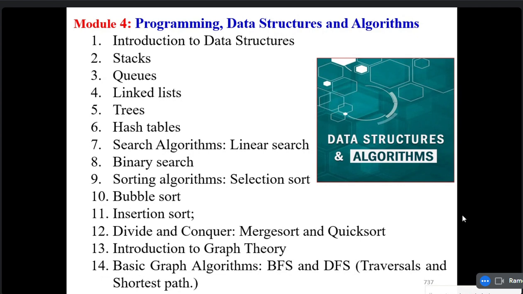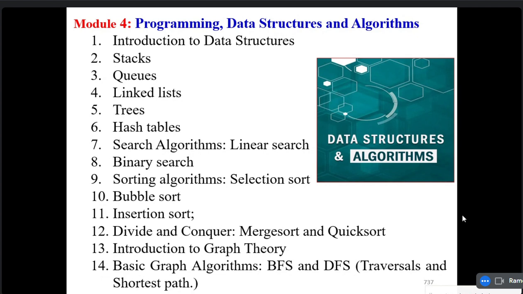So, how this data structure will play a crucial role for implementing any real-time applications, the way you are choosing the algorithms, how best algorithms you are executing, what is the time complexity and what is the space complexity it is occupying.